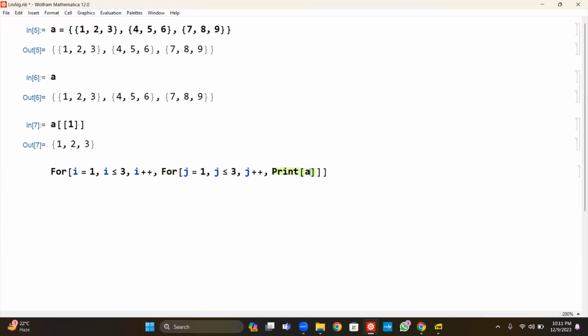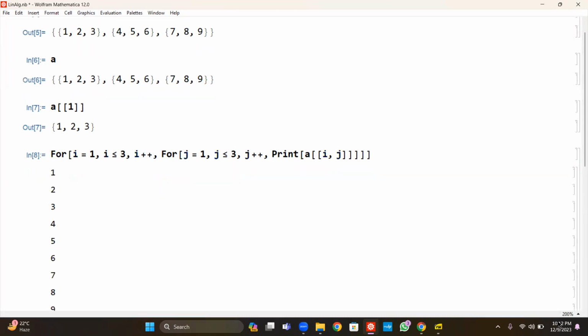And what I want to print for now is i comma, I forgot the syntax. How does it work? I think it works like, oh no, it doesn't work like that. i comma j. There is a missing bracket, okay. So as you can see, first of all, we start with i equals 1.